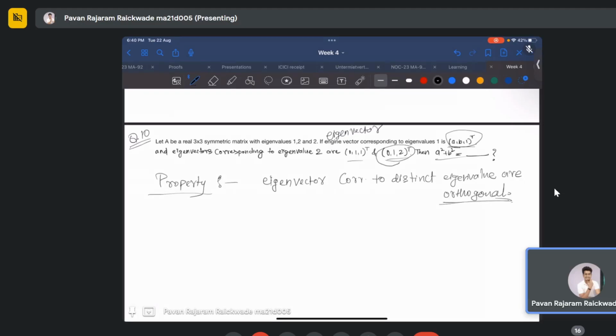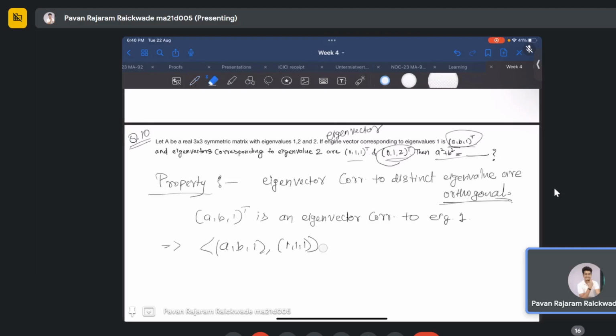Now since AB1 is an eigenvector corresponding to eigenvalue 1, which implies inner product of A, B, comma 1 with the other two eigenvectors has to be 0.